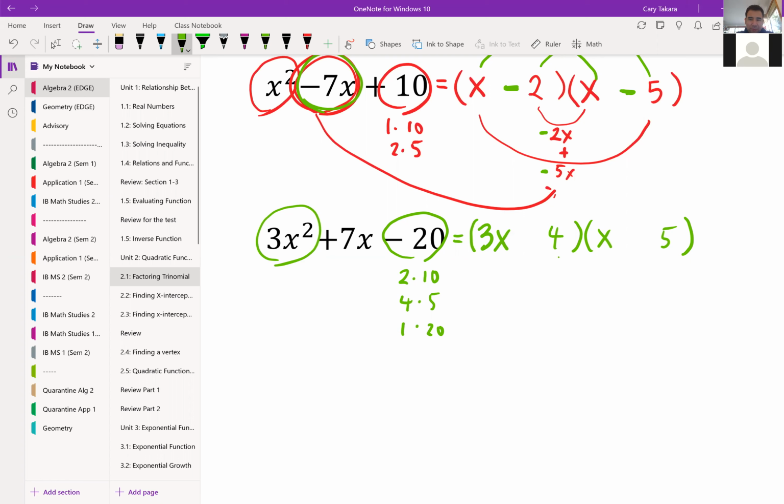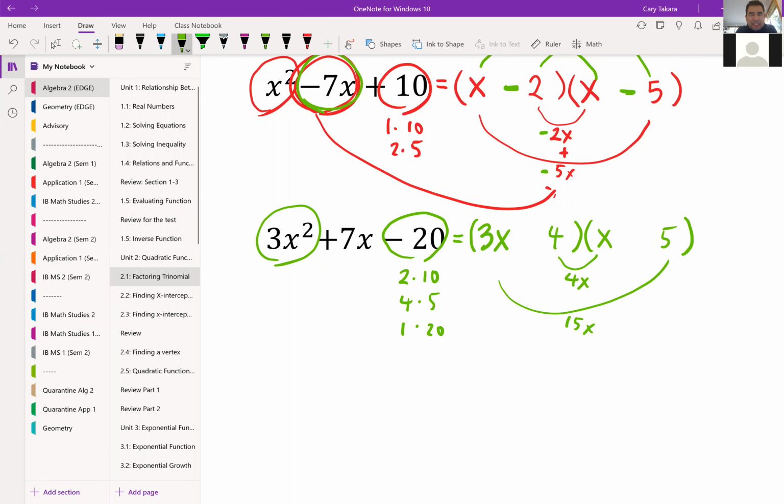So we're going to do the donuts. 4x. And then 3x times 5 is 15x. Now, 4x and 15x by adding or maybe subtracting, because one of them has to be negative.